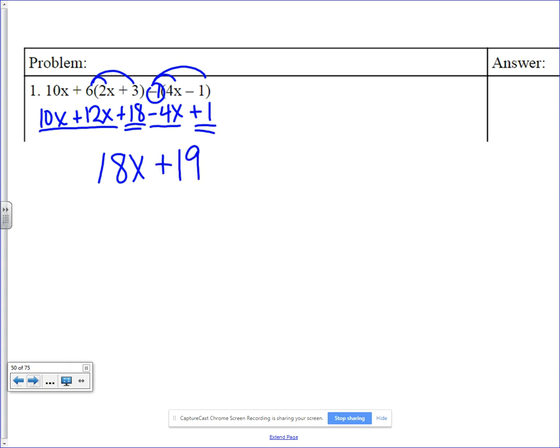So see if you can find a slip of paper that has that answer on it. If you do, that must mean that you're correct. Now, you will only use that answer once. So I would suggest once you find it, put it back in your envelope so you're not losing it or you don't need to use it again. Does everybody see this spot where you're supposed to write your answer? Folks, I'm up here. Do you all see the spot where you're supposed to write your answer? So over here, I'm going to put 18x plus 19.